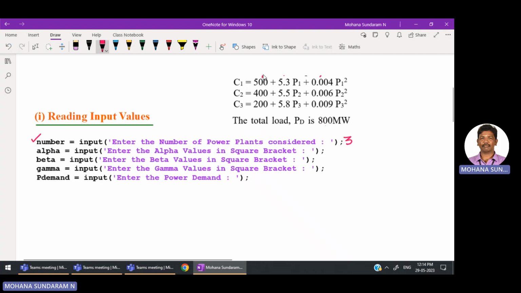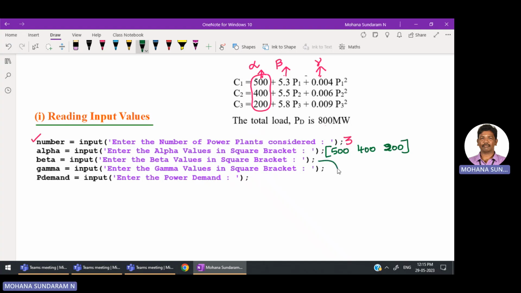So what I can do is I can have all these 3 values in a single variable called alpha, in a single variable called beta, and in a single variable called gamma. In that way, you have to input all these 3 numbers in the form of a row vector. Row vector means like this. For alpha, I should enter 500 space 400 space 200.